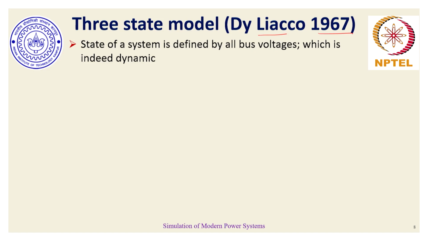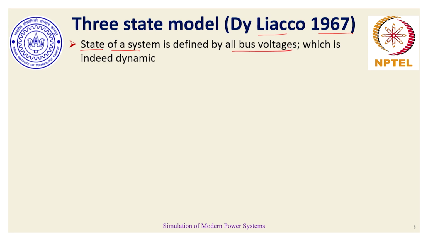So first of all, one has to understand what is meant by the state. We have already evaluated these states in the power flow analysis module. We'll also understand the importance of these states when we discuss at length the state estimation exercise as part of the security analysis module. States are essentially defined by all bus voltage phasors.